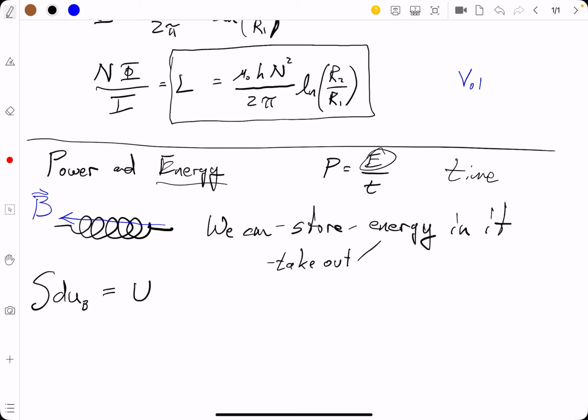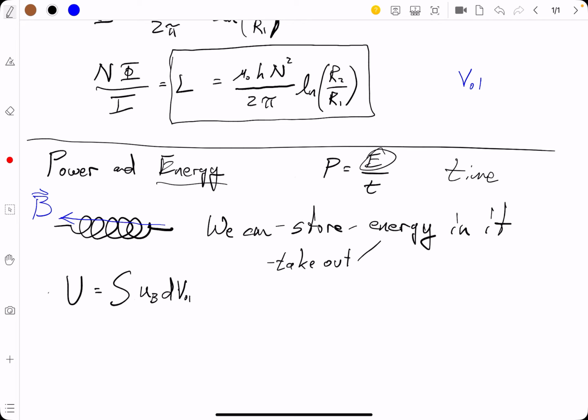Let me change my integral around. I don't like this anymore. In the end, we want the total energy, big U, so we can integrate this little u over the volume. Okay? Good.